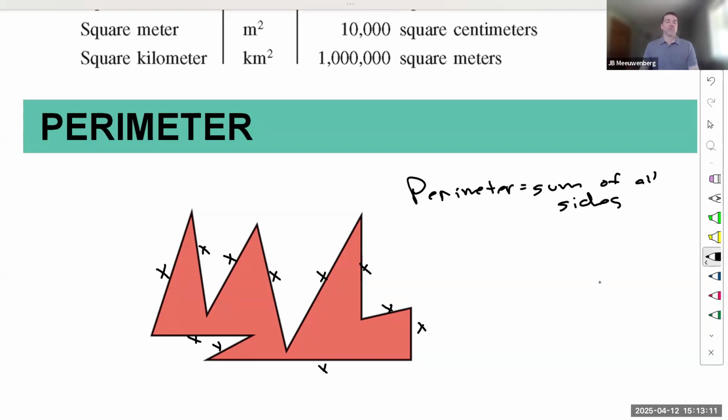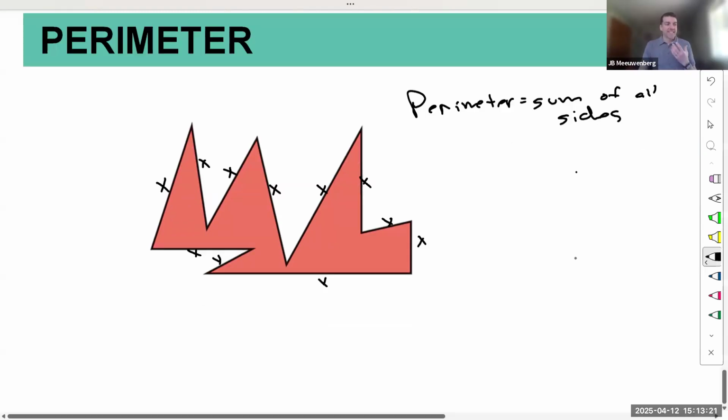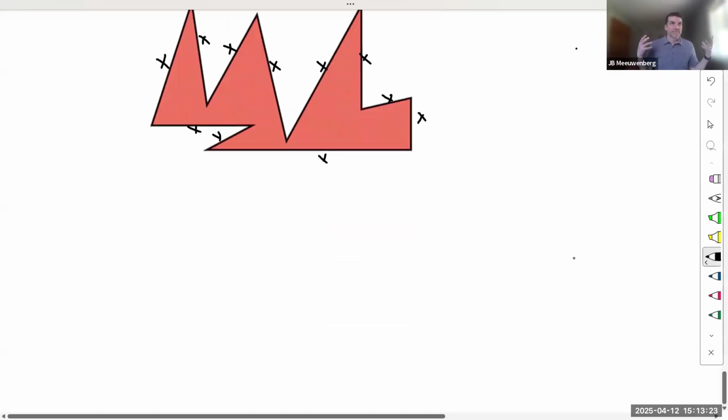Now, one of the interesting relationships between perimeter and area is that most people assume that perimeter and area are related to each other in the fact that if something has a bigger perimeter, it should have a bigger area.